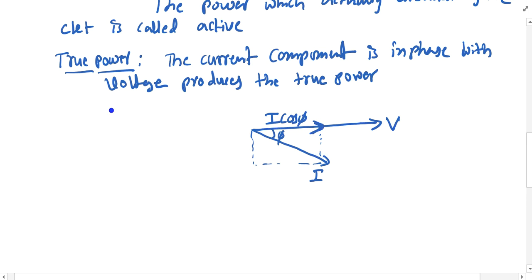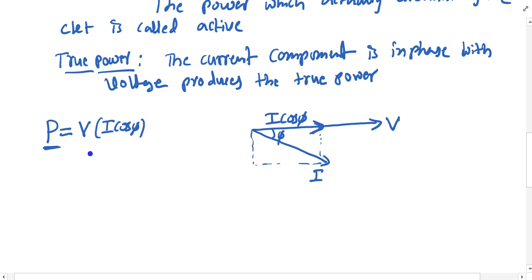The true power P can be written as the voltage into the current component which is in phase with this voltage, and this is called the true power, active power, or actual power. So here the current component is in phase with the voltage.